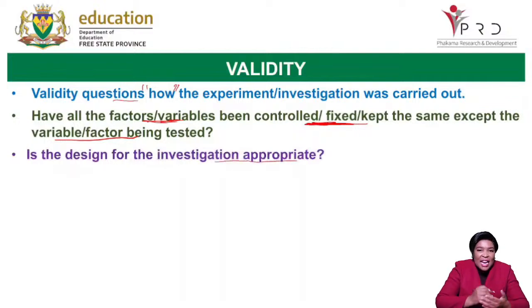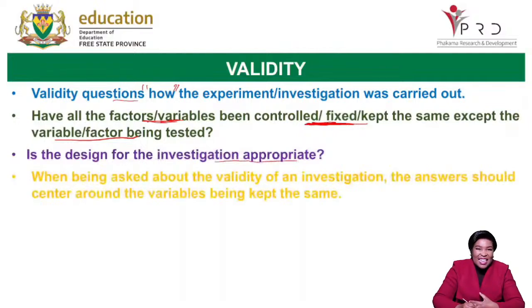So once you set up your investigation, did you consider how it needs to be done? Is it the correct design, or did you do it in a lab, whereas you need to do it outside, where it needs the sun and other environmental factors, or you are doing it where it will be limited in terms of other variables? So the design, is it appropriate for the type of investigation that you are doing?